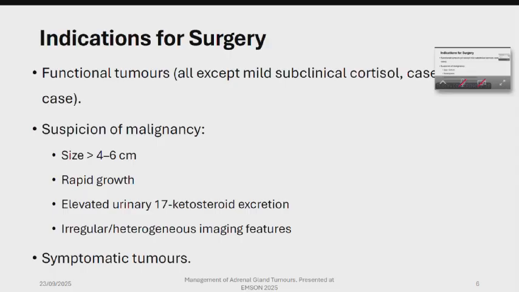If there is rapid growth, if there is elevated urinary 17-ketosteroid. Now we remember that if we are investigating a patient for CAH, this is what we look out for: 17-hydroxyprogesterone. In tumor also, this is elevated, and if the tumor has irregular or heterogeneous features, and there are other symptoms that are linked to this tumor.